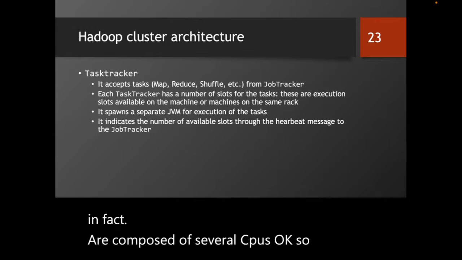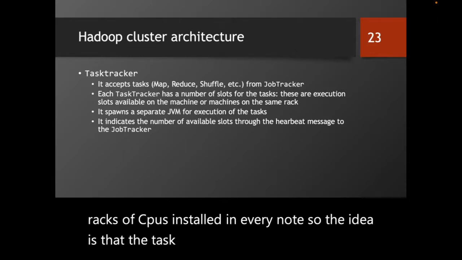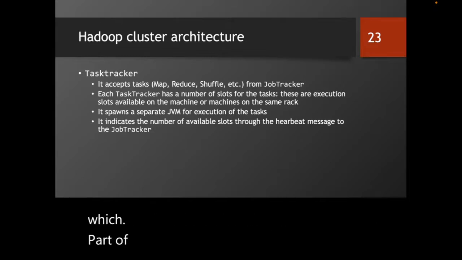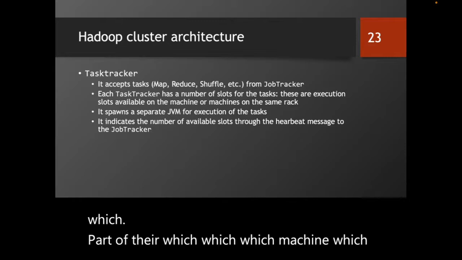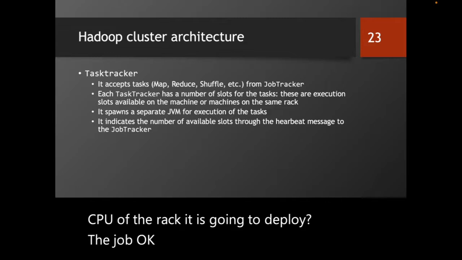So you have racks of CPUs installed in every node. The task tracker must decide to which machine, which CPU of the rack, it is going to deploy the job, for example a mapper, a reducer, or whatever.